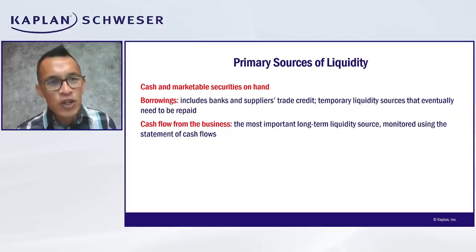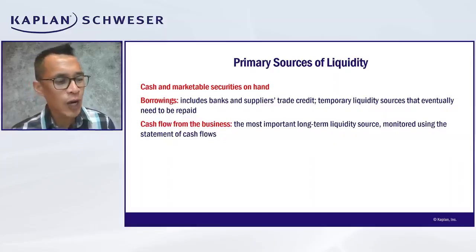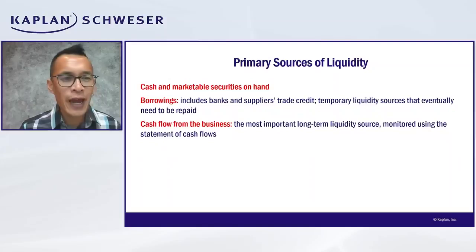Now, obviously, you would start with the cash you have plus what you can borrow. And looking deeper and more long-term, you would have to consider the company's cash flow generating power. Okay, and so that's these two items talked about right here.